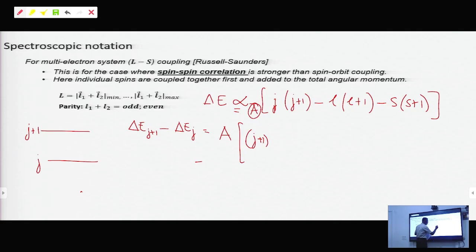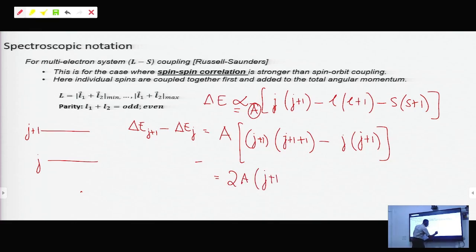This J is J plus 1, and this is J plus 1 plus 1. Then this is the J plus 1 state minus J into J plus 1. If we simplify this, what do you get? Just simplify, you get this.